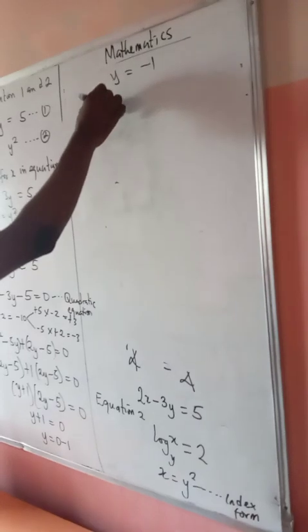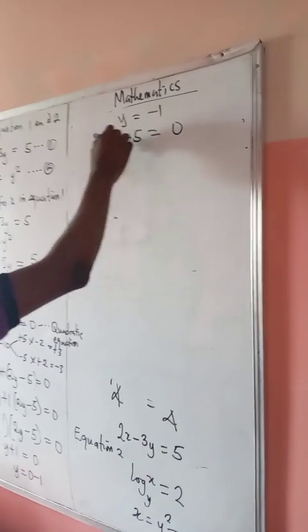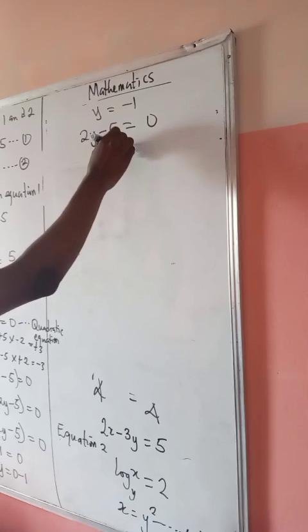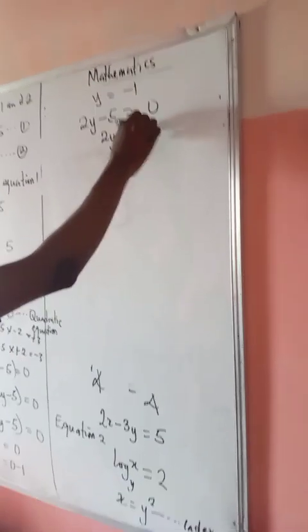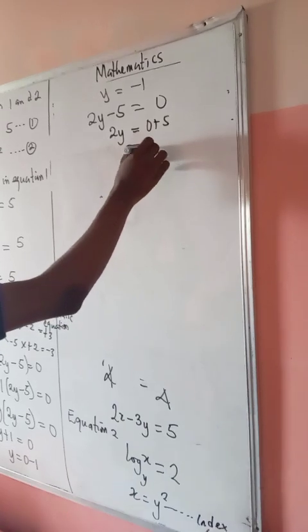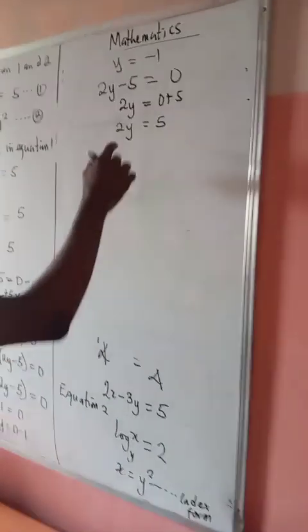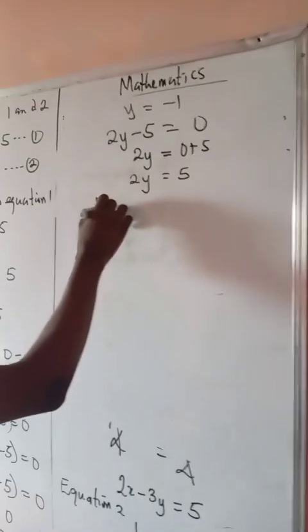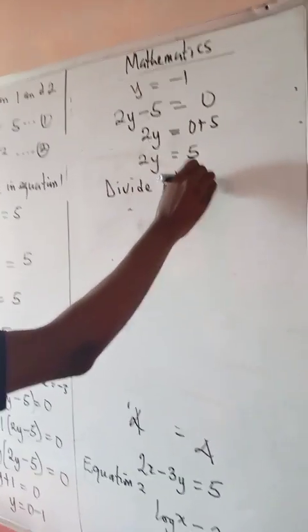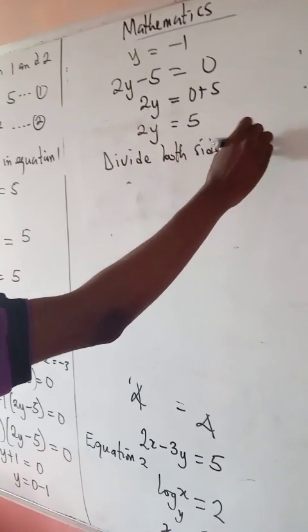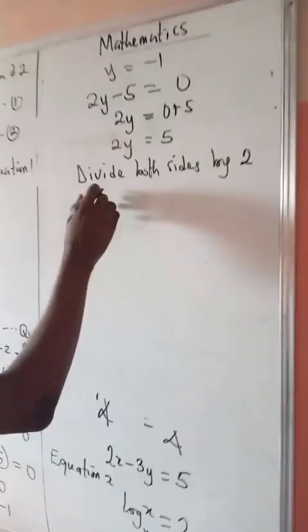So we have 2y minus 5 is equal to 0. Then 2y is equal to, take 5 to this side, 0 plus 5, that is 5. Then 2y on the left hand side. Divide both sides by 2, the coefficient of y.